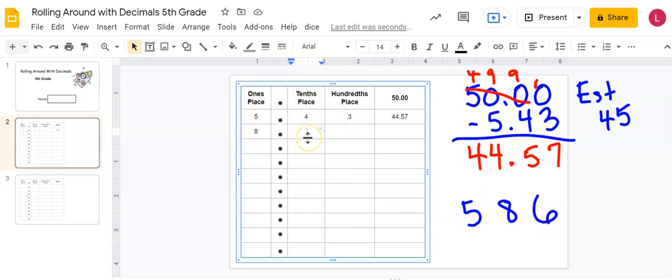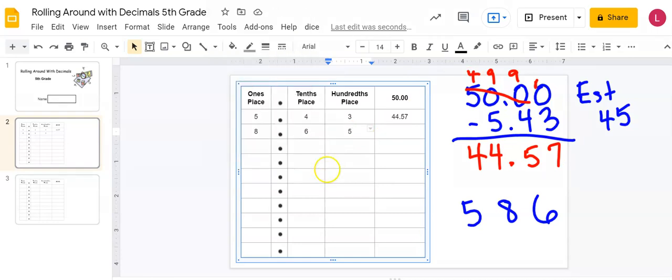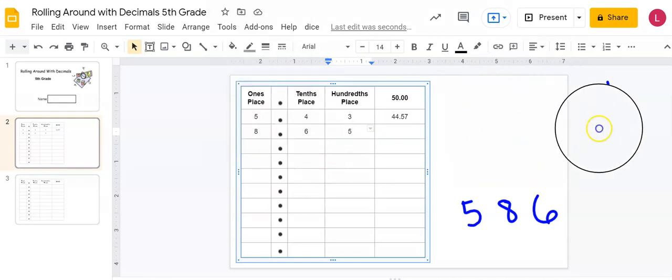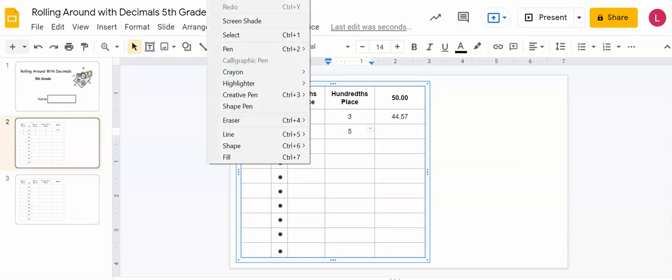And so I'm going to use my 6 and then my 5. Now I have my new number, 8 and 65 hundredths. And I'm going to subtract that from my new total here.